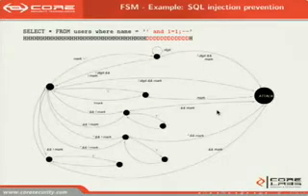Here we have an example of a finite state machine. I don't know if you can read something. Here we have a query with an attack, a simple attack. So we start at this state, and each time a character is read, we follow a transition.